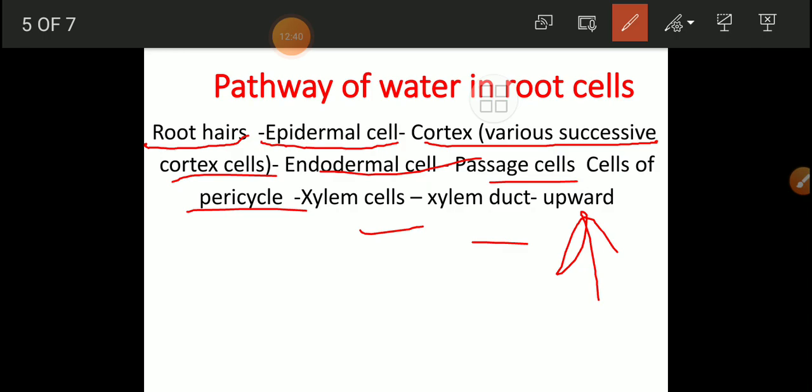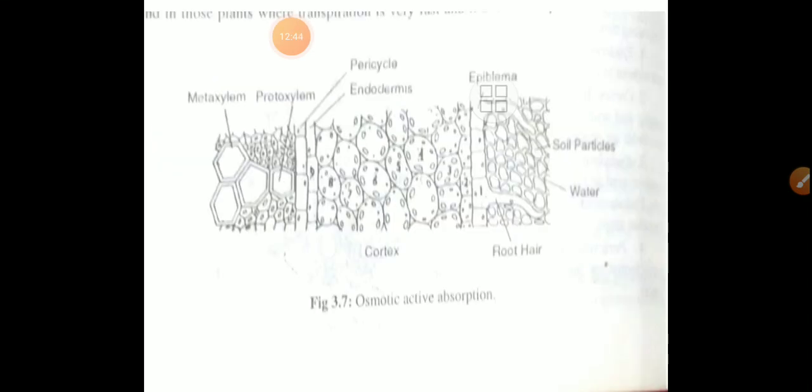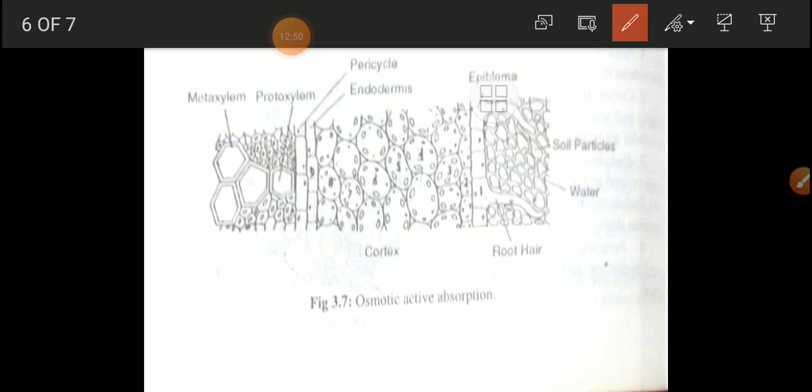Now diagrammatically we will be able to see it very well. Yes, this is the diagram that gives us an idea about the absorption of water. As I have said, these are soil particles. Among the soil particles there is water, capillary water.